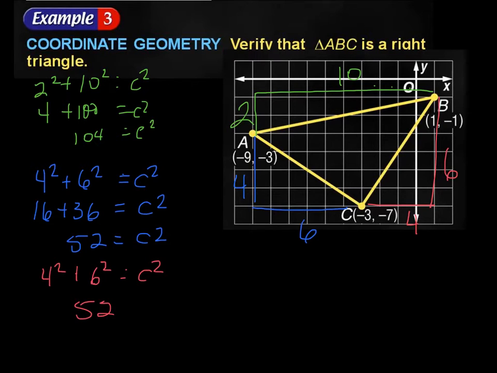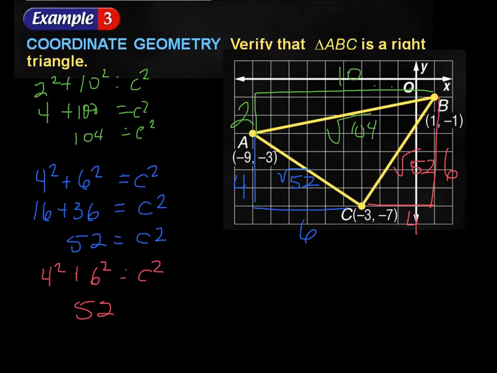Okay, so when we check a squared plus b squared, without simplifying, this c would be the square root of 52. This c would also be the square root of 52. And the longest side, the side opposite the right angle, the hypotenuse, is the square root of 104.